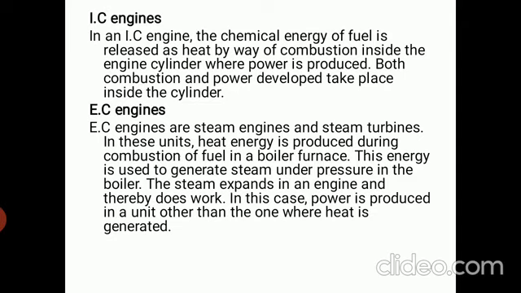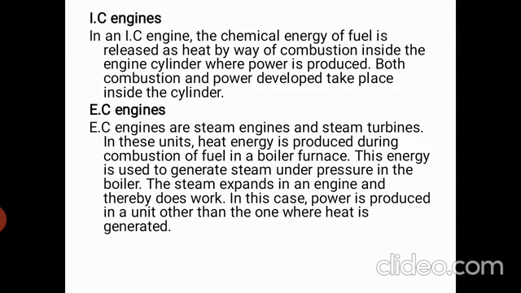If you take the example of a power plant, combustion takes place in a boiler. Inside the boiler you have a grate, over the grate the coal is filled, and the coal is burnt inside the combustion chamber placed in the boiler. The coal liberates heat. Over the walls of the boiler you have water tubes.